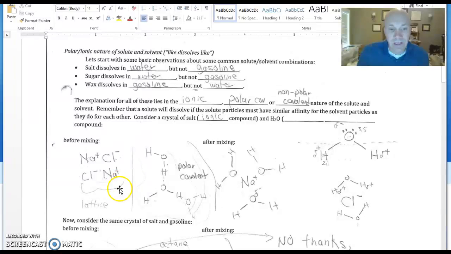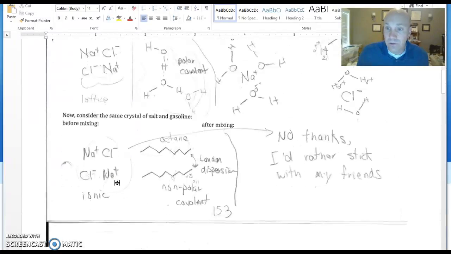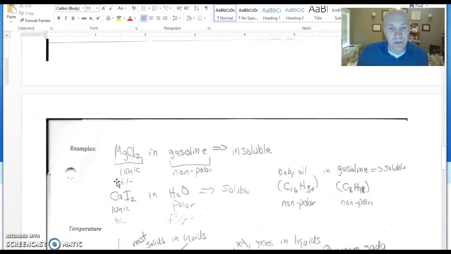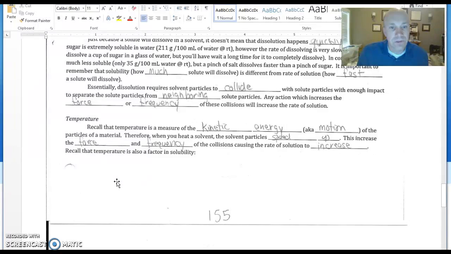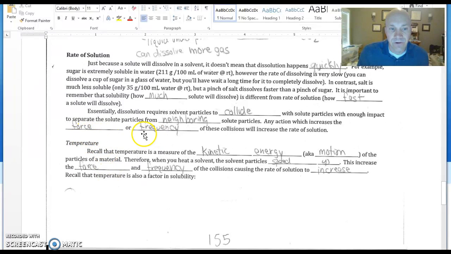So anything that increases the rate or the frequency that the solvent molecules contact the solute, or the force with which they contact the solute particles, is going to increase that rate. So what are some factors that could affect either the force or the frequency of those collisions? First of all, temperature.